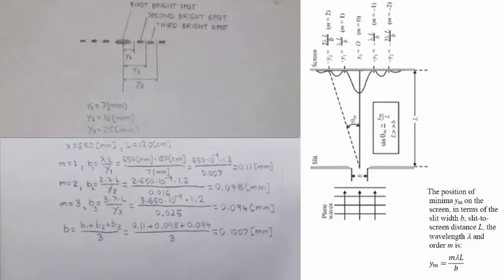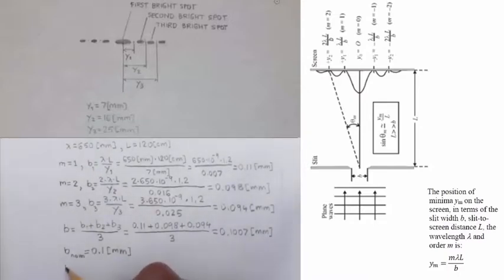Now we also know that B nominal is supposed to be 0.1 millimeter. So what we can do here, we can calculate the percentage error.